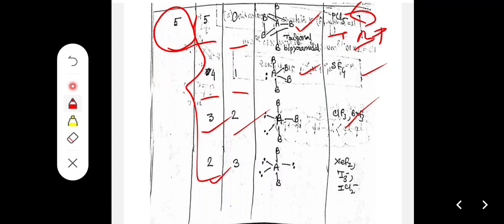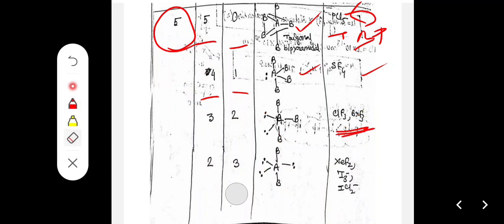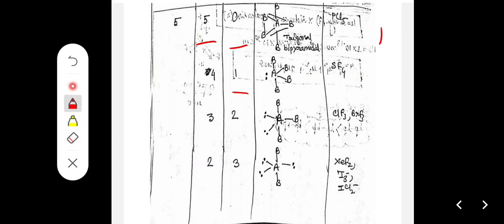If bond pairs are 2 and lone pairs 3, it is completely linear, like XeF2, I3 minus and ICl2 minus. ClF3 and BrF3 have a T shape.